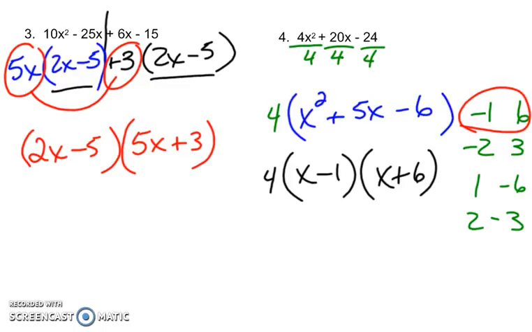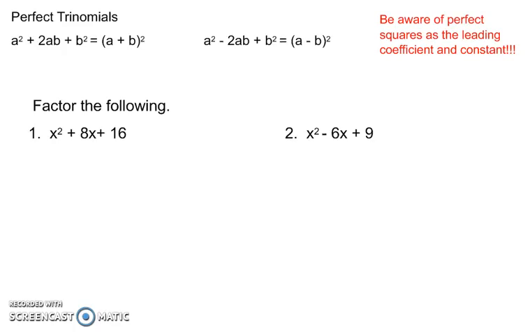Now let's take a look at our perfect trinomials. Perfect trinomials follow the pattern of a squared plus 2ab plus b squared. So notice your leading coefficient and your constant are both perfect squares. Same thing with a squared minus 2ab plus b squared. Notice the constant is always positive because it is a perfect square.